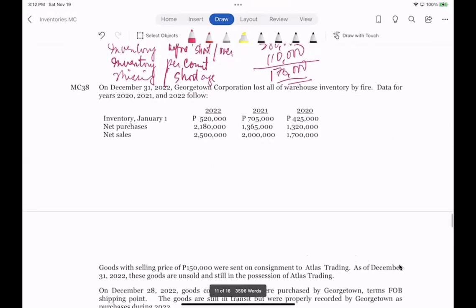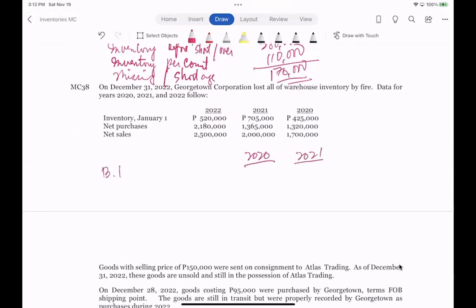Okay, so we will compute first for the gross profit ratio for 2020 and 2021. We will determine the average. So for 2020 and 2021, we have beginning inventory, add purchases, deduct ending. That will be your cost of goods sold.